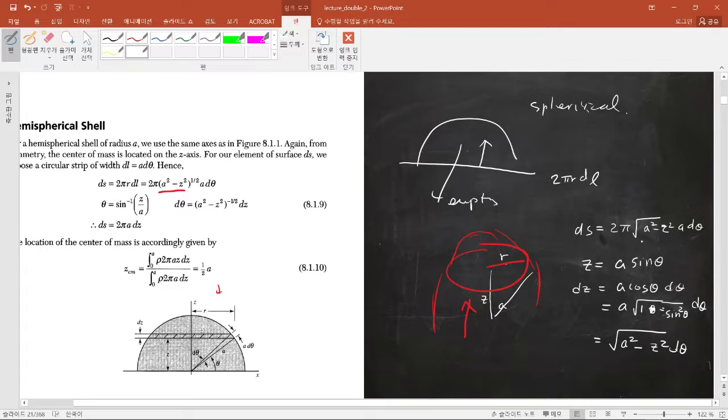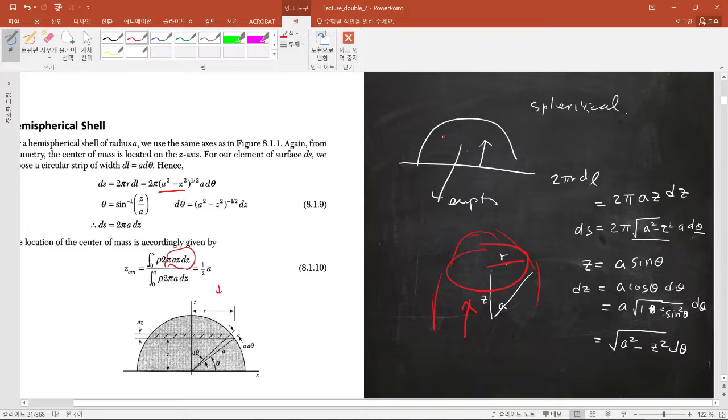So ds in terms of z is 2 pi a dz, which is what is written here. So this integration is very easy. The integral of z dz is 1/2, so it gives 1/2 a.